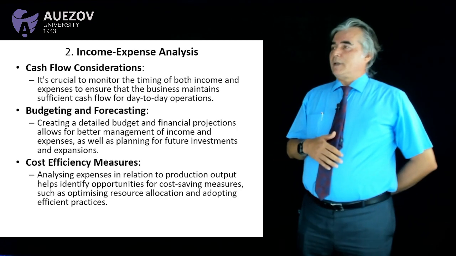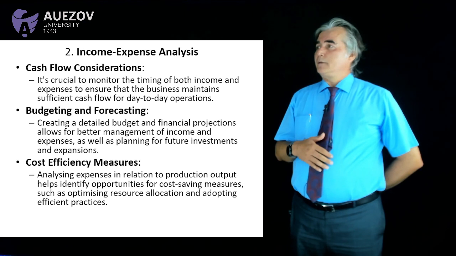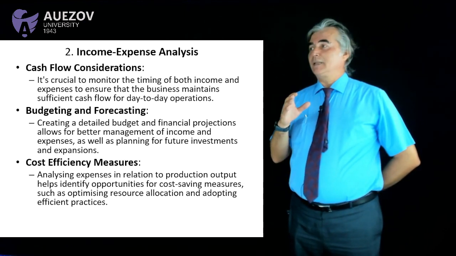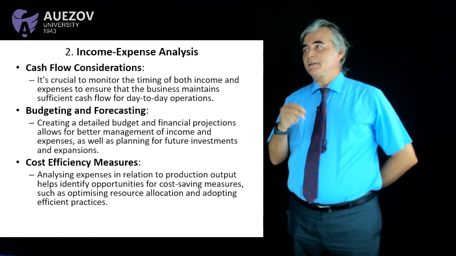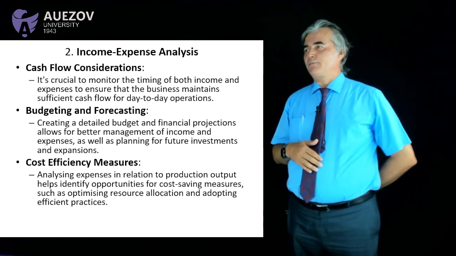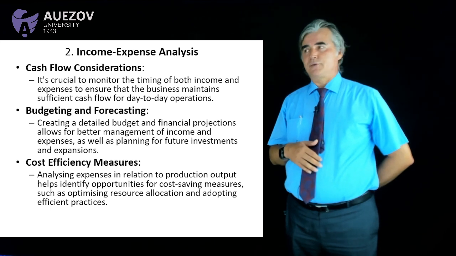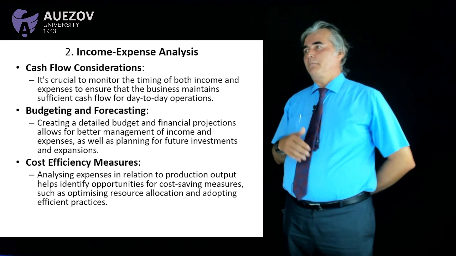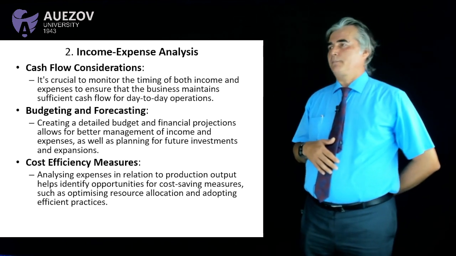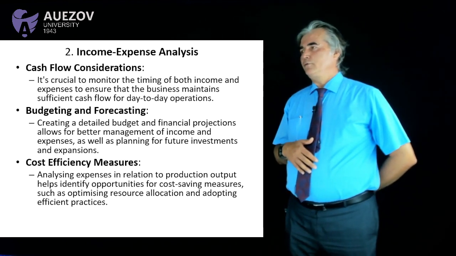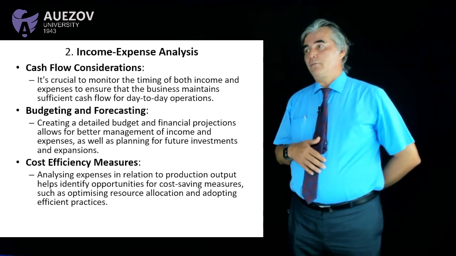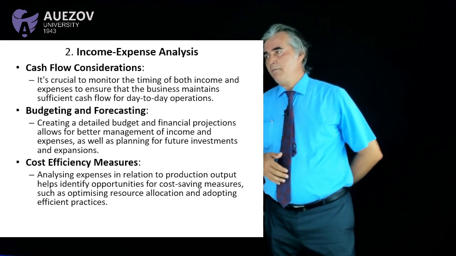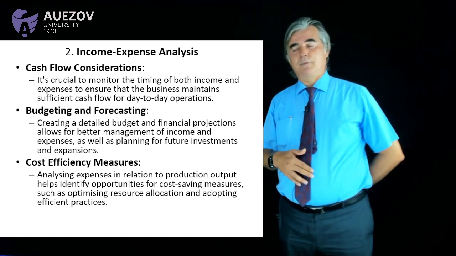Cash flow consolidation is used to monitor the timing of both income and expenses to ensure that the business maintains sufficient cash flow for day-to-day operations. Budgeting and forecasting: creating a detailed budget and financial projection allows for better management of income and expenses, as well as planning for future investment and expansion of farms.